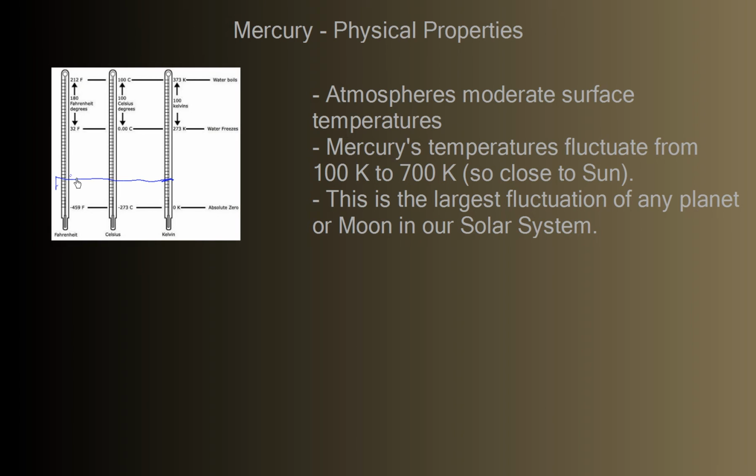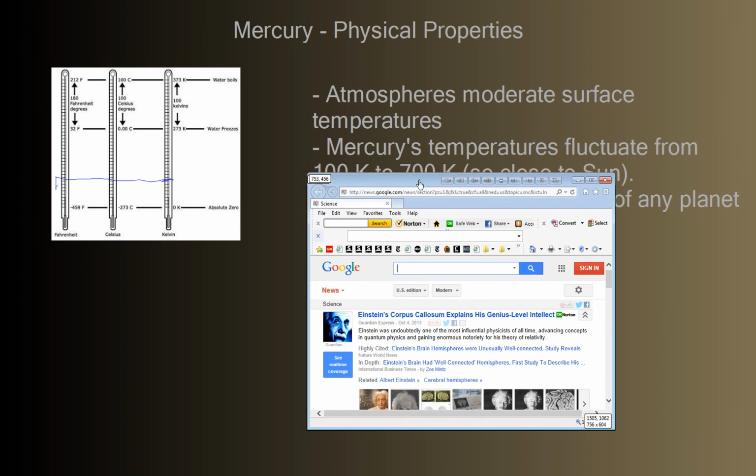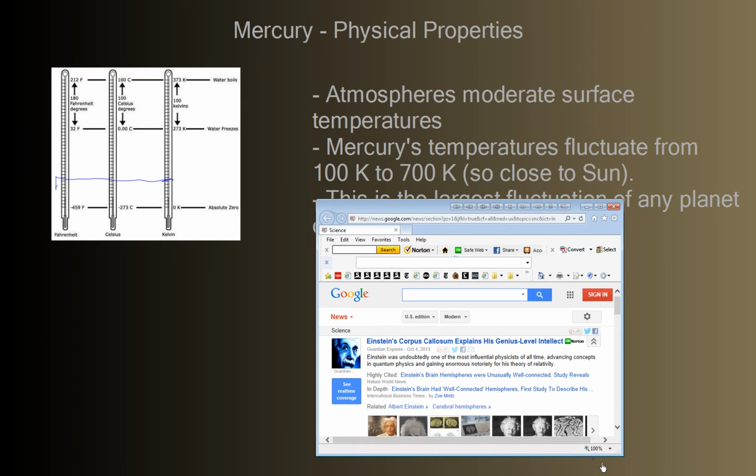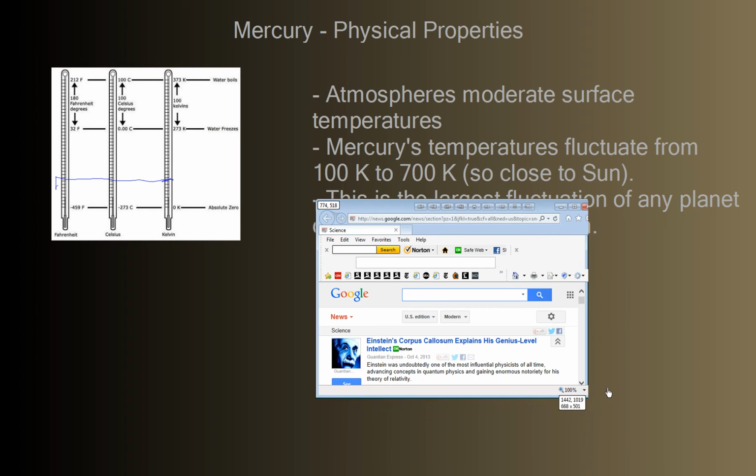Which means that's probably like negative, well, let me just bring up Google. Let me pause here and bring up Google temperature converter. If you didn't know that Google could do this, it really can do pretty much anything.